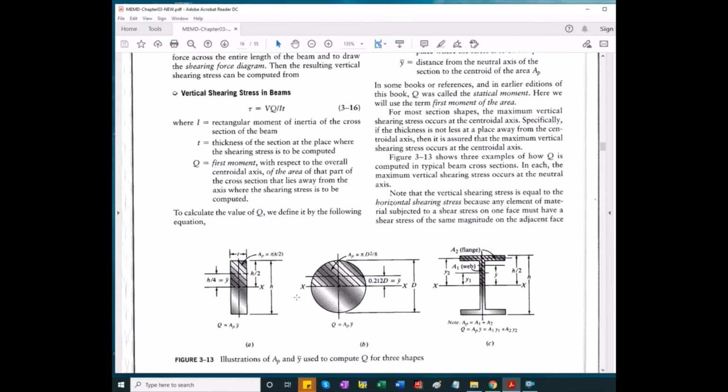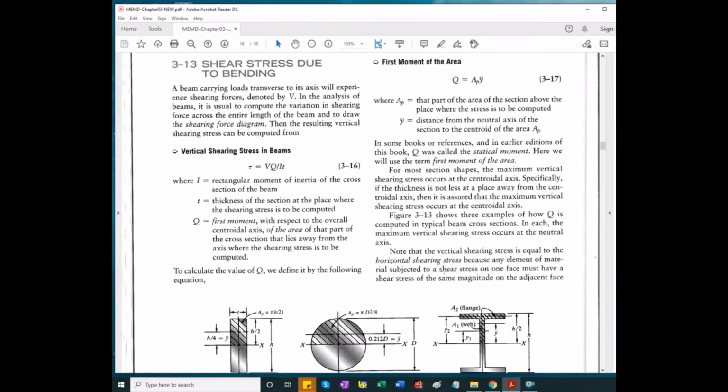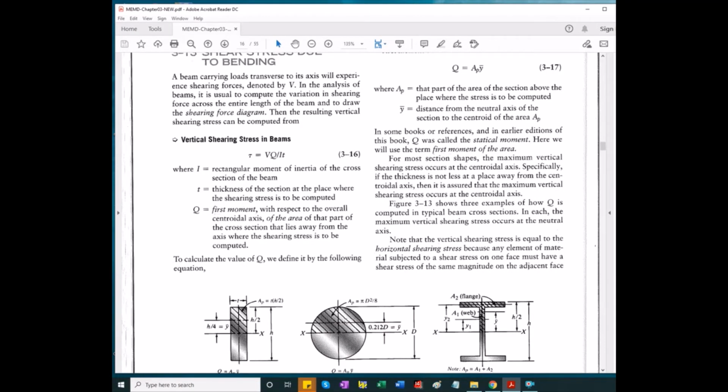h divided by 4. But we can analyze the stress on any line. Again, I indicated at first that this is the section that we are interested in. Really, the drawing is for calculating the shear caused by bending at the neutral axis, which happens to be, in most practical cross sections, the maximum.